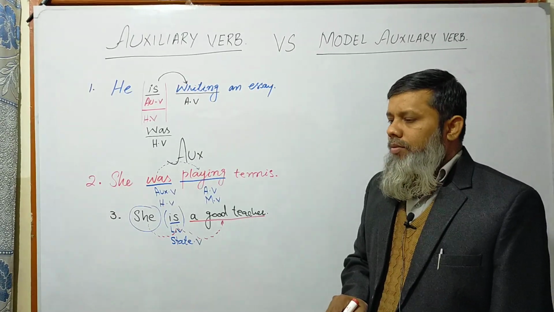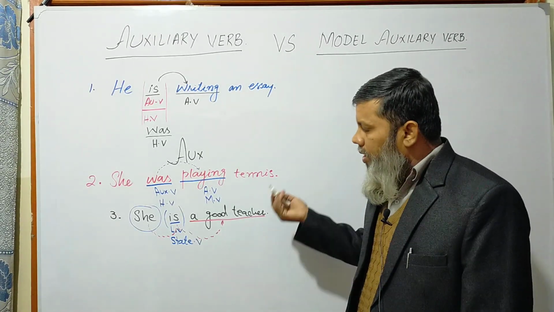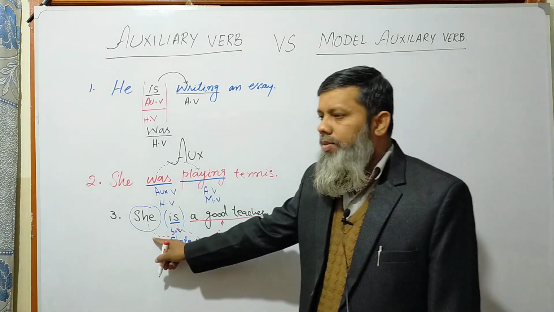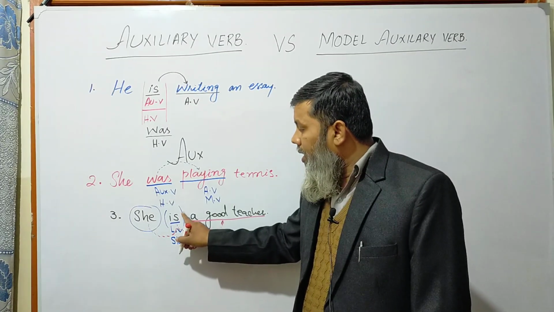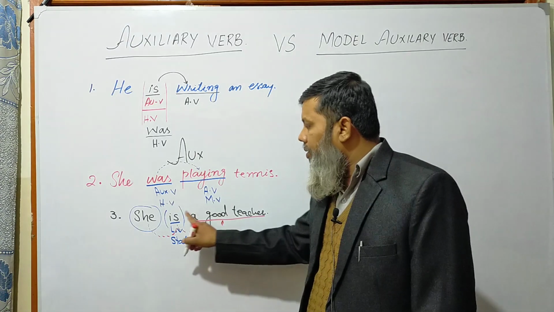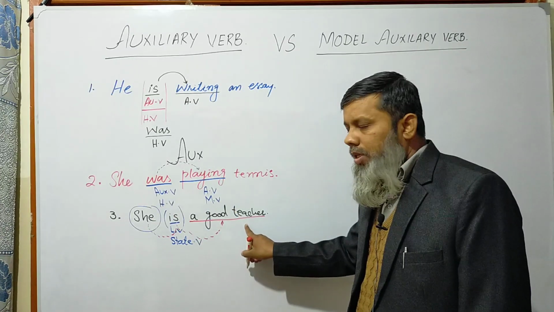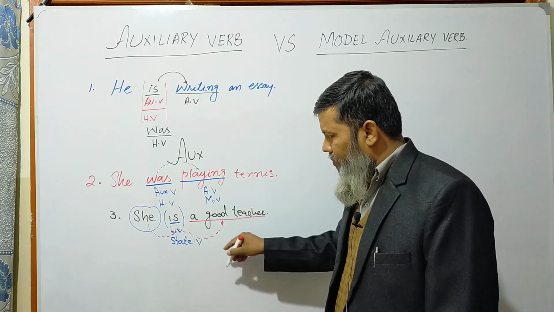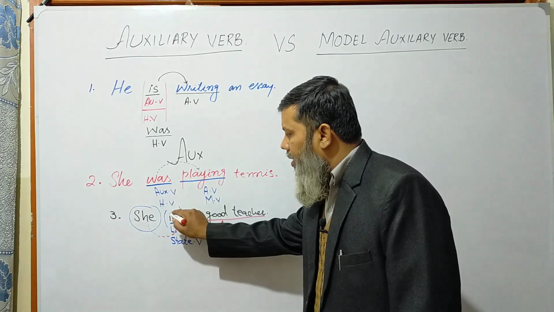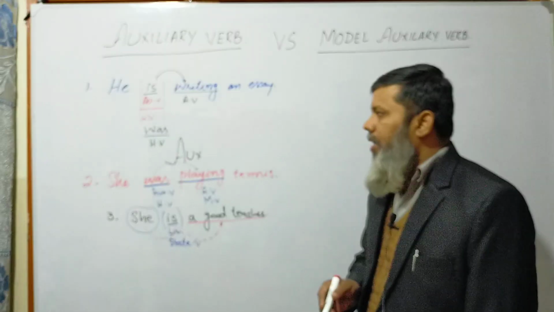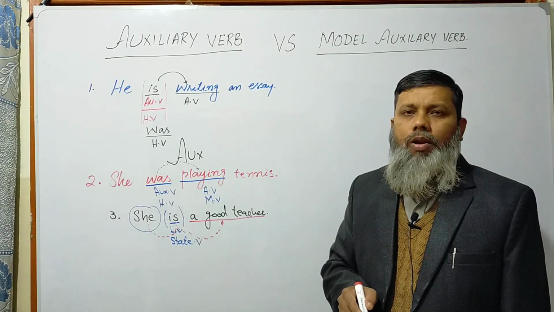If I say, who is a good teacher? She. So she is the subject. So "is" is joining the link of she to a good teacher. In this manner we can say "is" is used here as a linking verb.